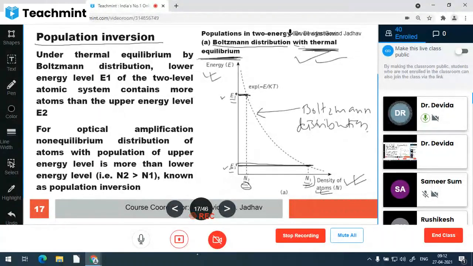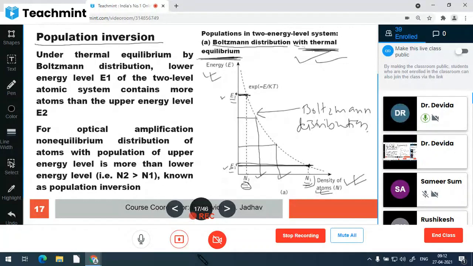If this is the energy state, where it touches the curve, that is the number of atoms in that particular state. Suppose any other material is having conduction state here, valence state here. In that case, conduction state atoms will be this and valence state atoms will be this. So these are the numbers, N2 and N1.